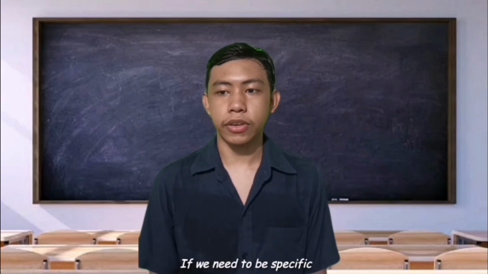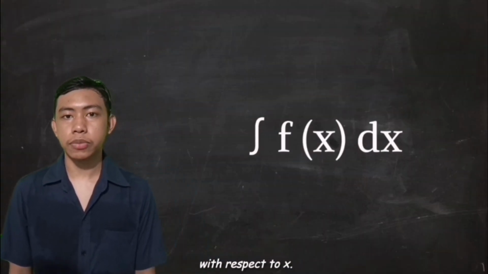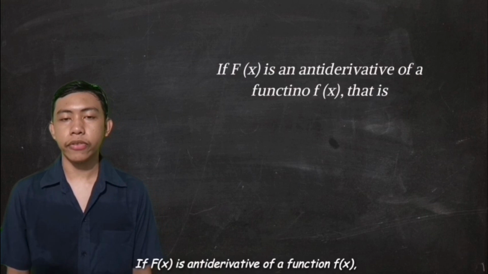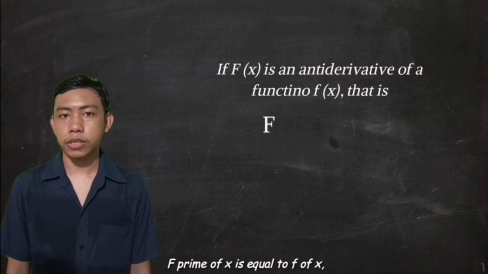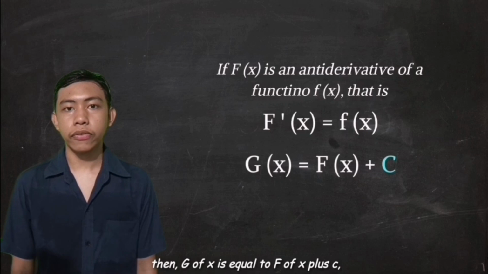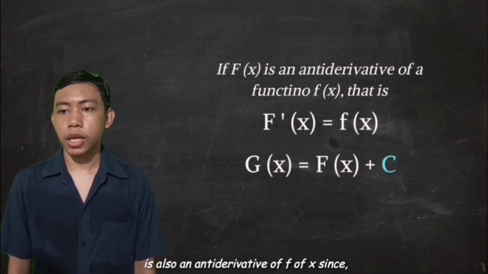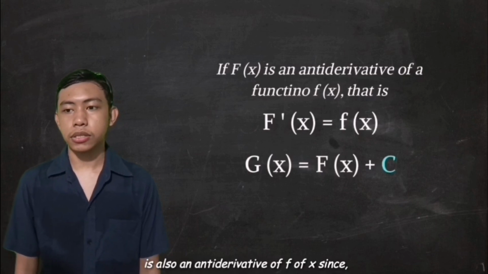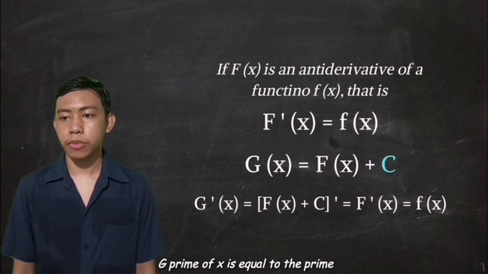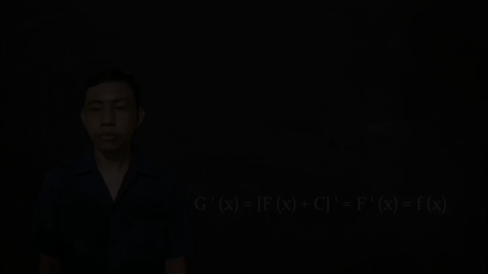If we need to be specific about the integration variable, we will say that we are integrating f of x with respect to x. If F of x is an antiderivative of a function f of x, that is, F prime of x is equal to f of x, then G of x is equal to F of x plus c, where c is any constant, is also an antiderivative of f of x, since G prime of x is equal to the derivative of F of x plus c, which equals f of x.